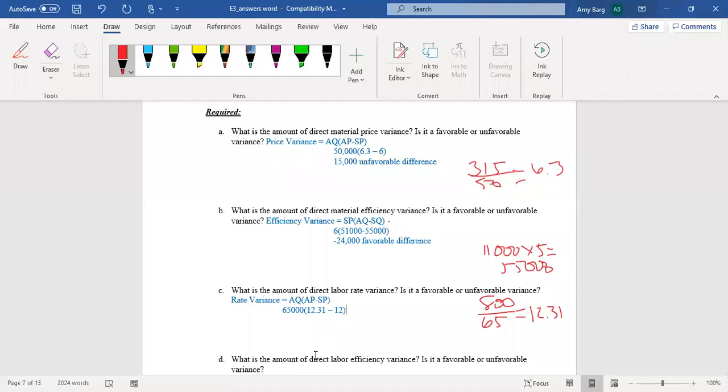So if we actually paid them $12.31 and we were supposed to only pay them $12, what do you think this result is going to be? Favorable or unfavorable? Unfavorable. Right. We're going to end up with $20,000 unfavorable because we paid them more than we had budgeted for.